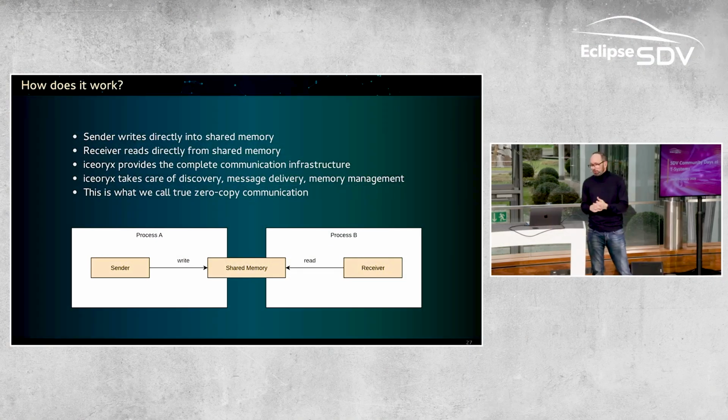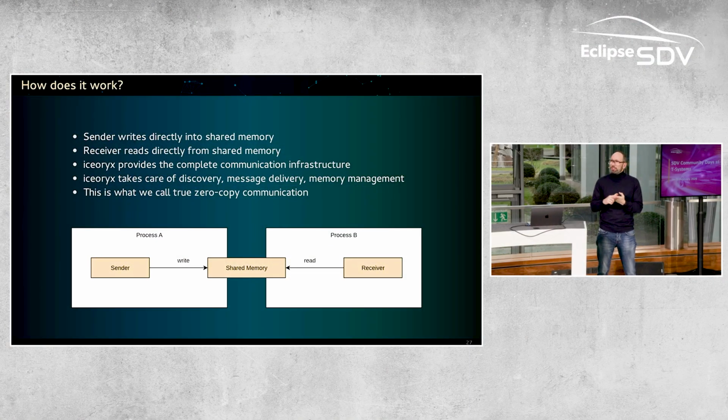Since the beginning, I was curious when you show the shared processes where you map basically the memory inside, are you using any semaphores or ways to avoid any collisions on writing and reading? No. So we do all this reference counting behind the scenes. So you send a message.